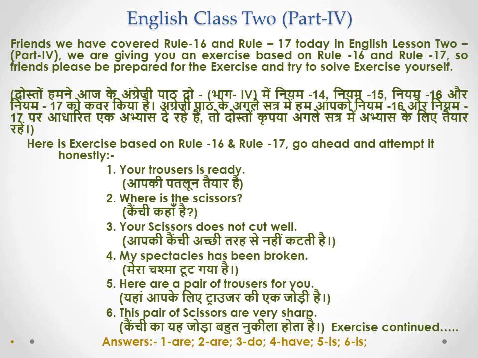Answers are given below for all these sentences 1 to 6. Under the last sentence, number 6, you can check the answers against your own, and if your verbs are not correct, you can correct them. So now we move to our next slide, slide number 4.